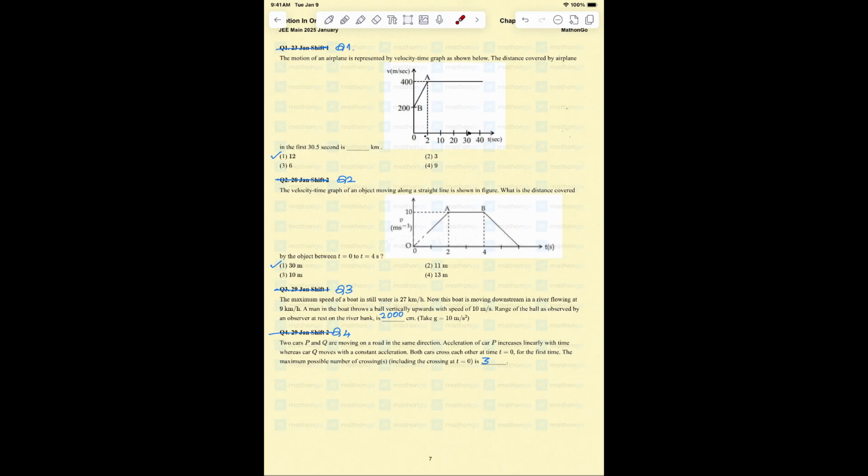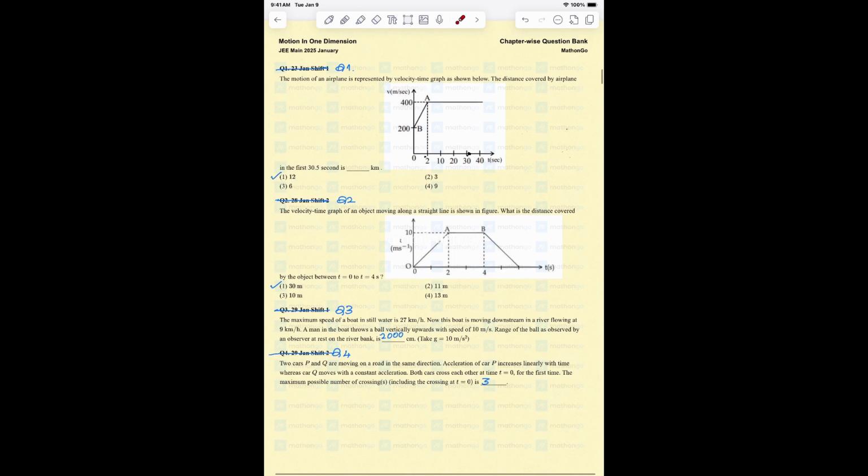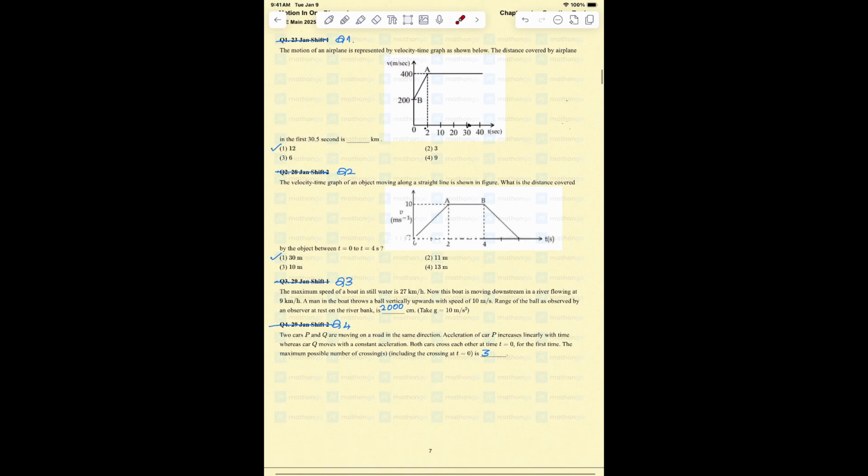They are asking for the distance covered by the object between t equal to 0 and t equal to 4, which means this area is to be calculated. Therefore it is simple. In fact, these were all asked in JEE in 2025. They are very simple, easy to score kind of questions.